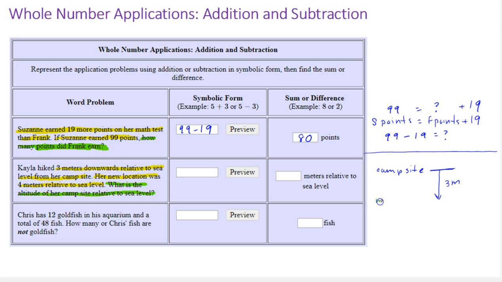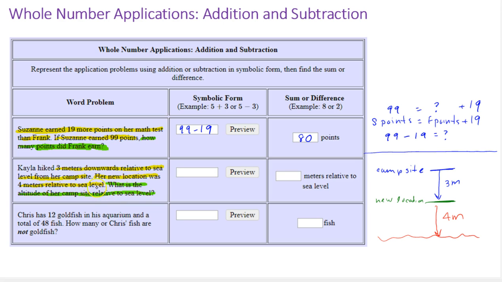So this is her new location, and it is 4 meters relative to sea level. Well, that means, I'll draw the sea, it's going to be red. I know that doesn't make sense, hopefully. And here's sea level, and this distance, her new location, is 4 meters relative to sea level.